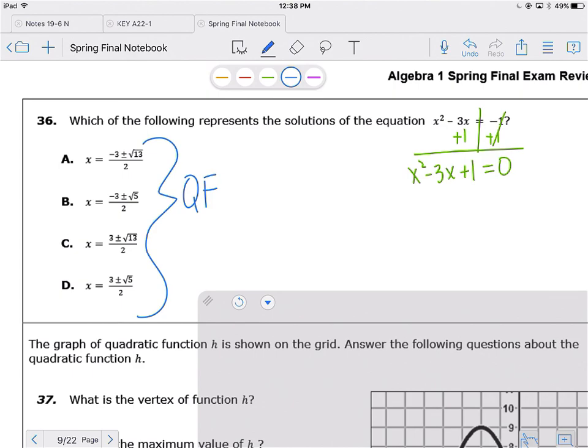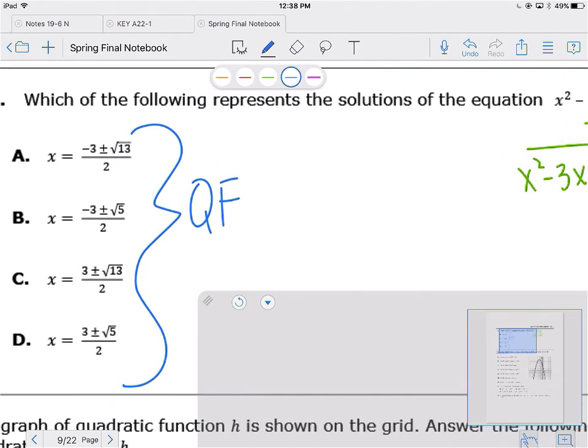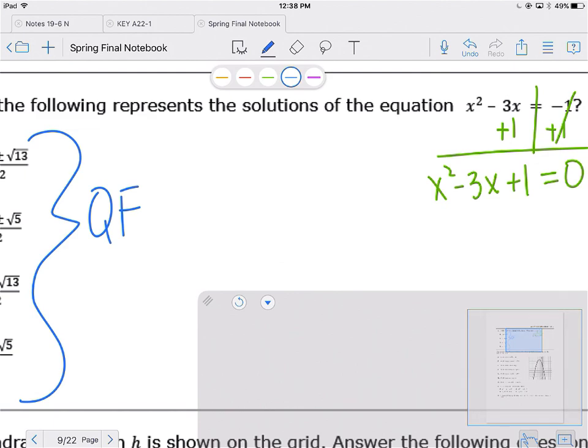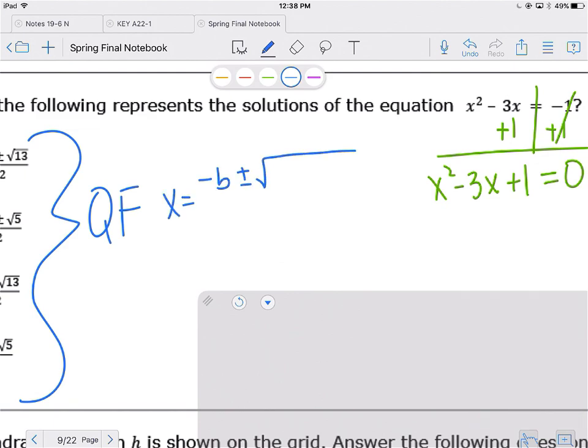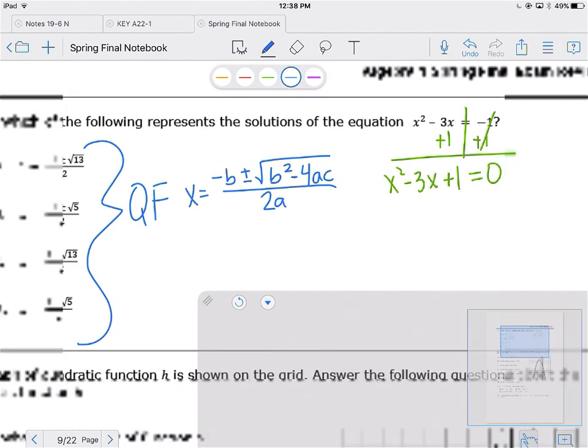They all have the square root, which means I need to plug into quadratic formula. The quadratic formula says the opposite of b plus or minus the square root of b squared minus 4ac all over 2 times a.